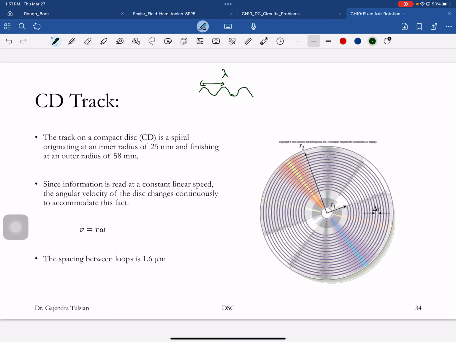If you use this light, the smallest object you can read is the size of the wavelength. You can't read anything smaller. So our friend suggested that to pack more information you just make the lines closer together. Well, if you make the lines closer together, you'd better have a better laser, a laser of shorter wavelength.